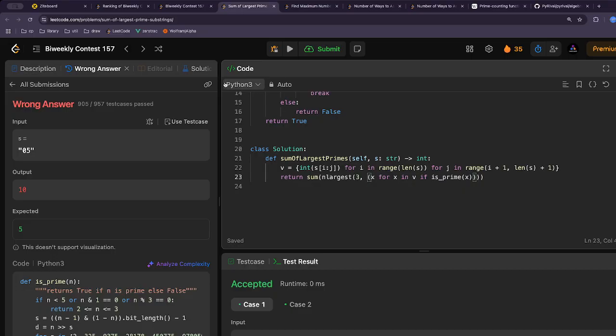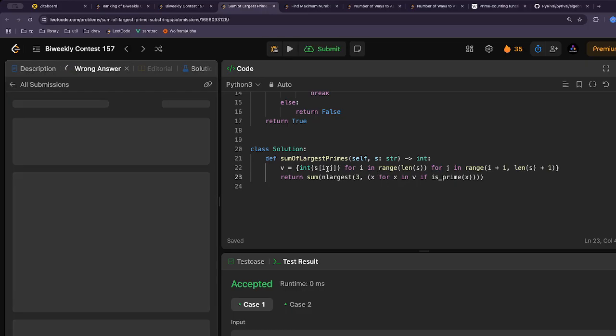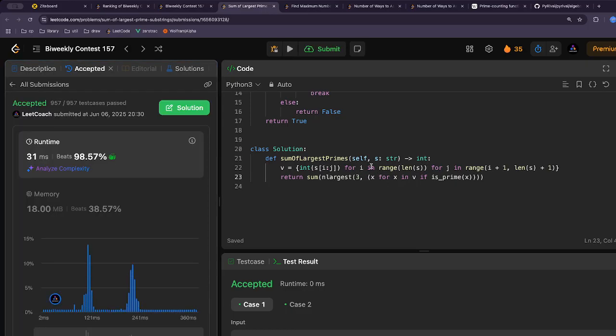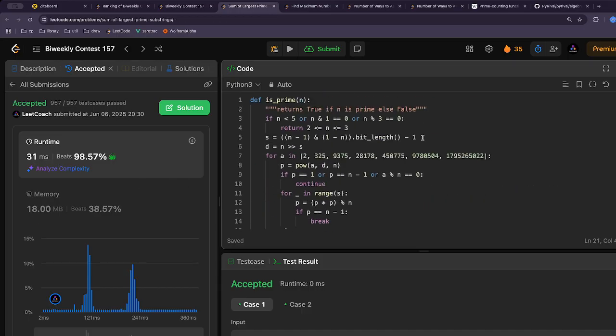So that's why it's not the same. Cool. Well, it's the same runtime, which makes sense.